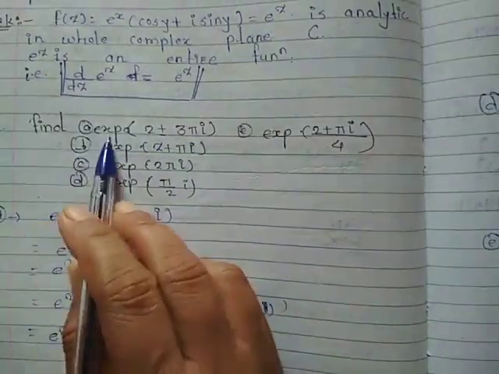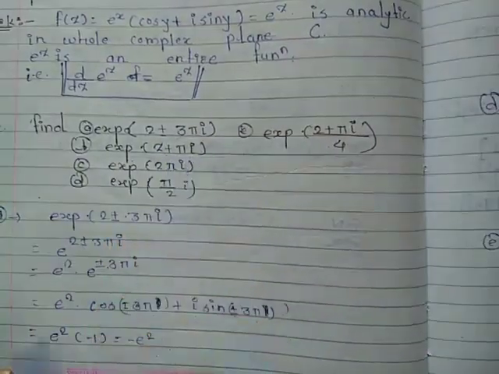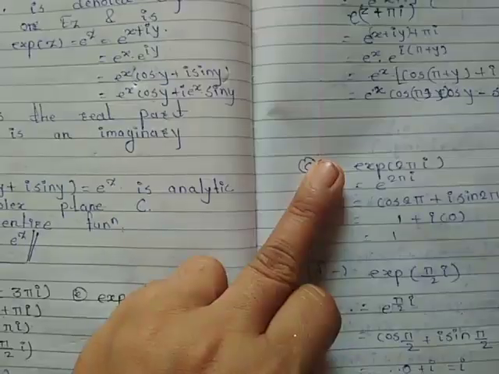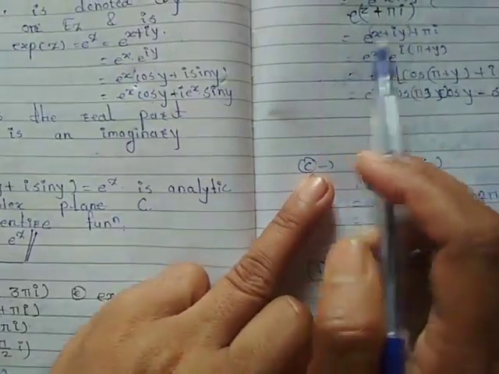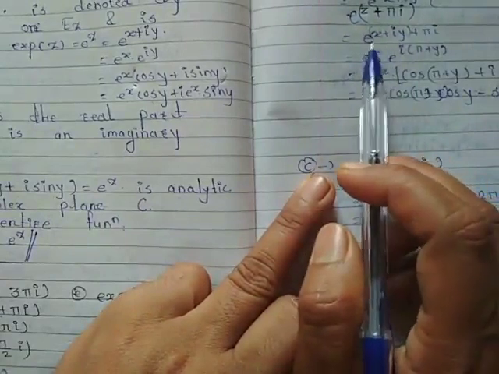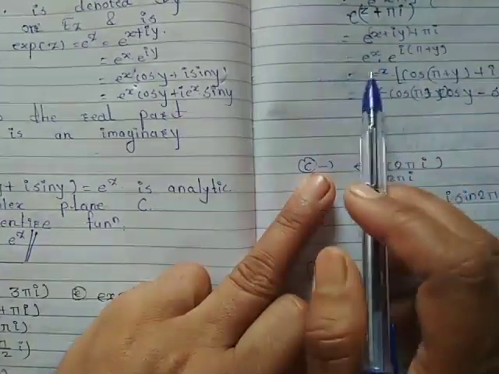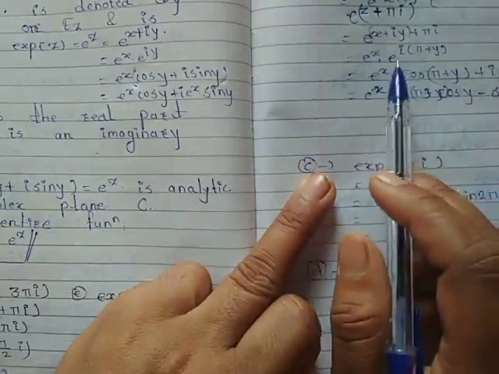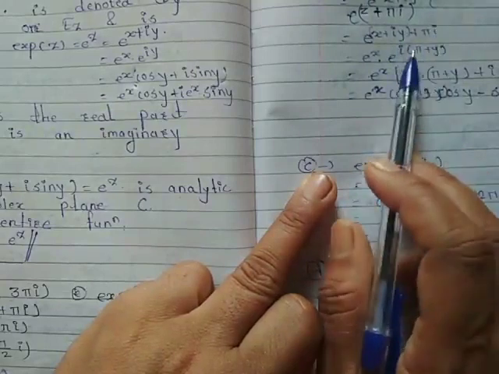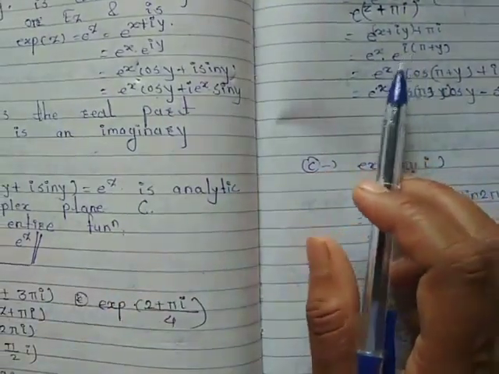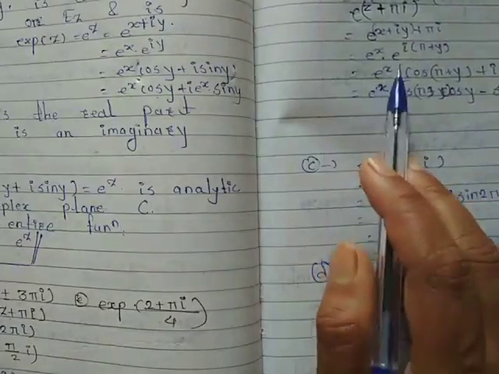Okay, let us take the next example: the exponential of z + πi. e^(z+πi), with z = x + iy, is e^(x + iy + πi). Taking i common in these two terms, this can be written as e^x times e^(i(π+y)).